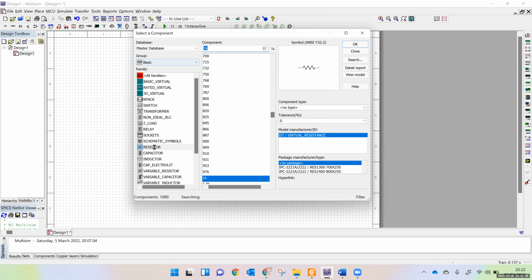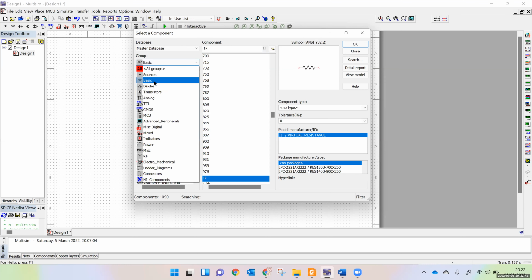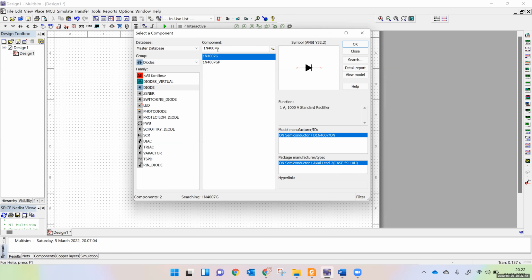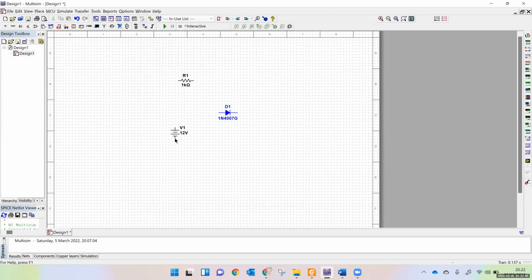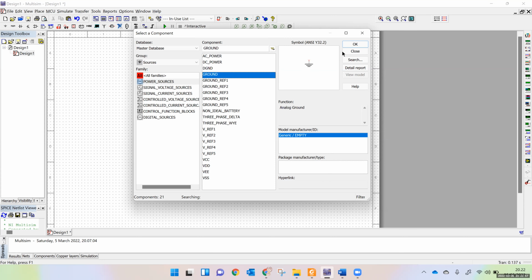From here, basic, resistor 1 kilo ohm, you will put it here. Then I need a diode, which is 1N4007. This diode I will use. Then I will need sources, which is DC power, and then I need ground.